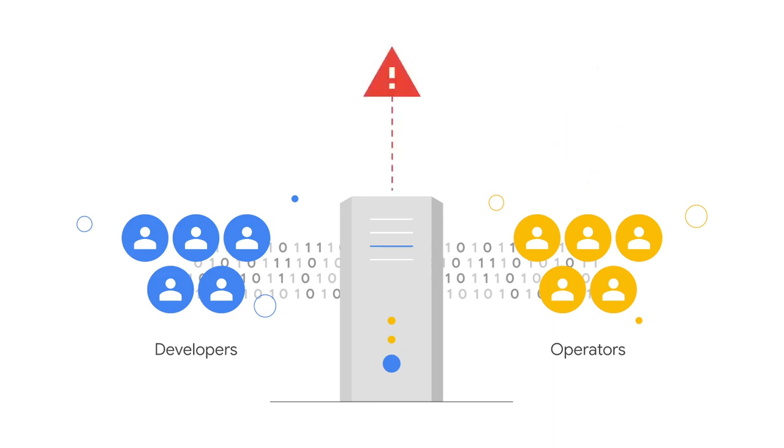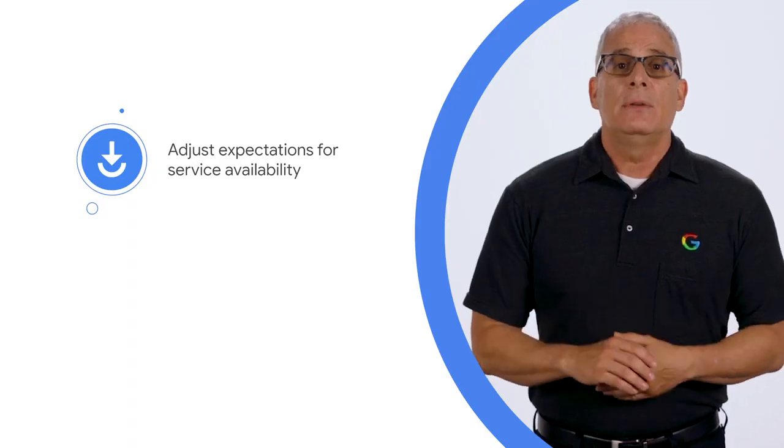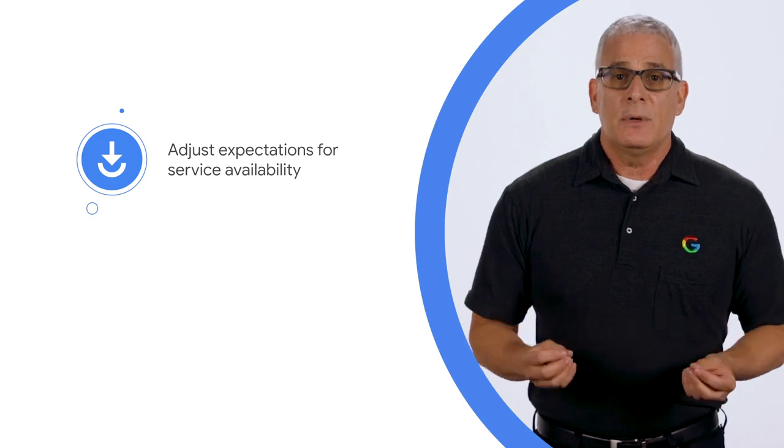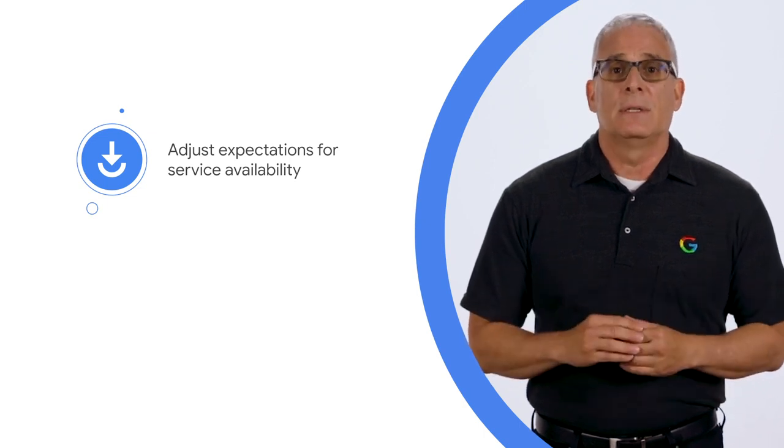When a problem does arise, it becomes very difficult for either group to identify the source of the problem and resolve it quickly. Worse, accountability between the teams is not always clear. So for organizations to thrive in the cloud, they need to adapt their IT operations in two ways. First, they'll need to adjust their expectations for service availability from 100% to a lower percentage.